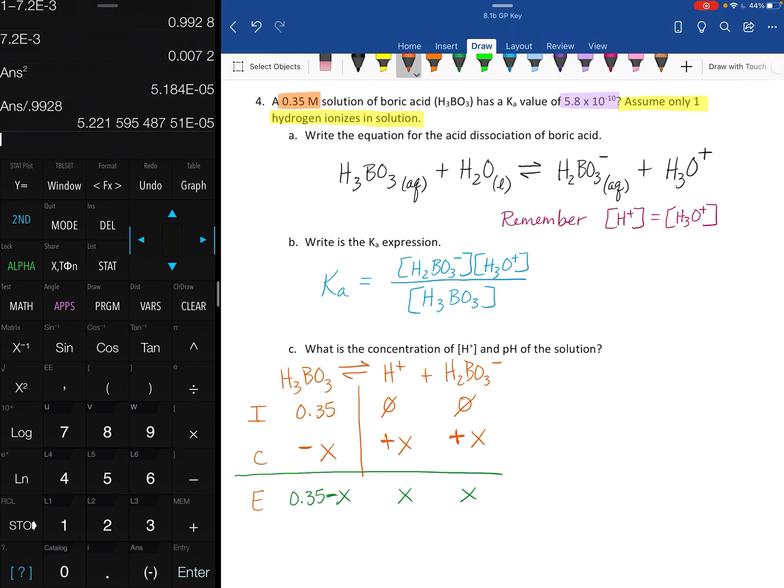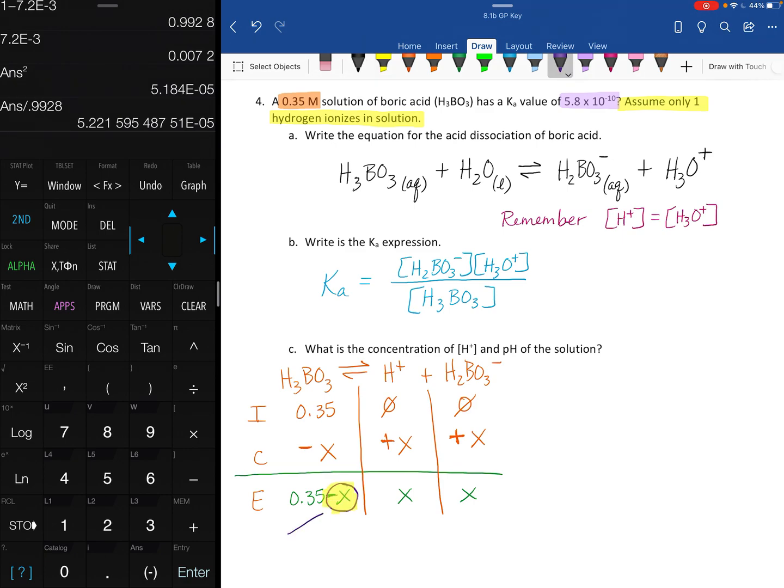Now, here's what gets tricky. If we keep that 0.35 minus x, our problem solving starts to become a little more complicated because our Ka value is small. So I'm going to circle this and highlight this for just a moment.